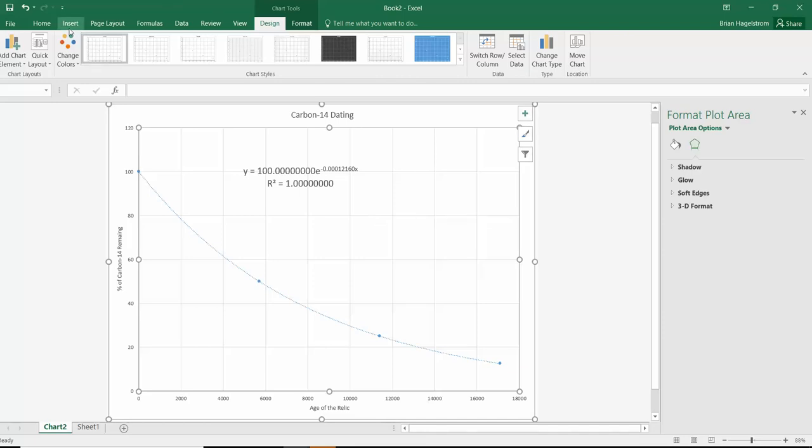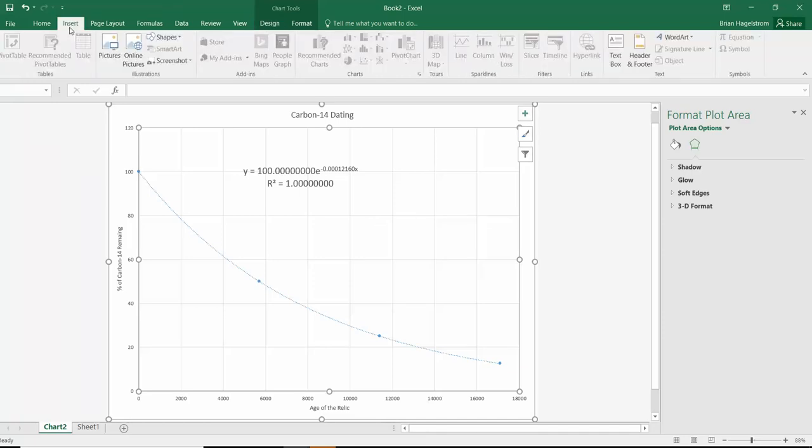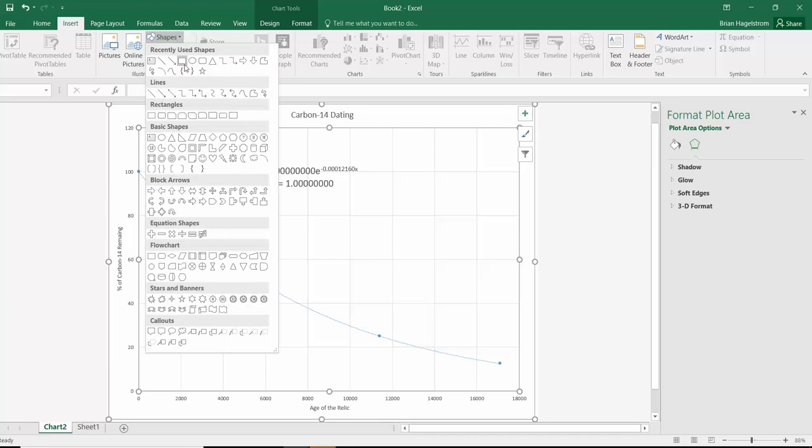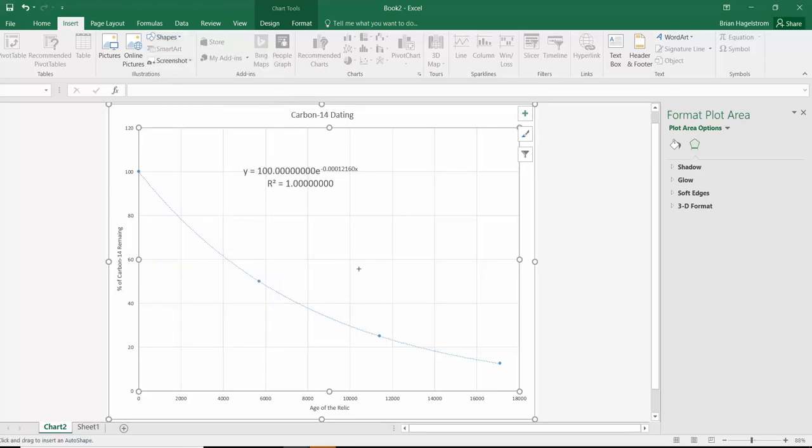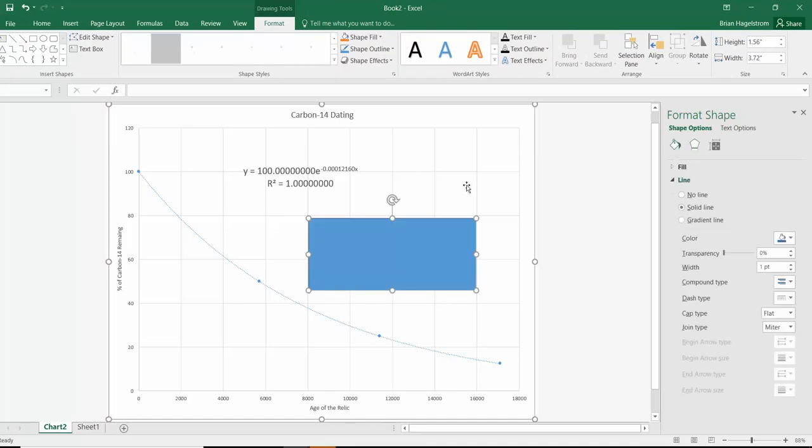Let me go ahead and go insert. We're going to go ahead and do shapes. Get my box going here and create a box to be able to write in here.